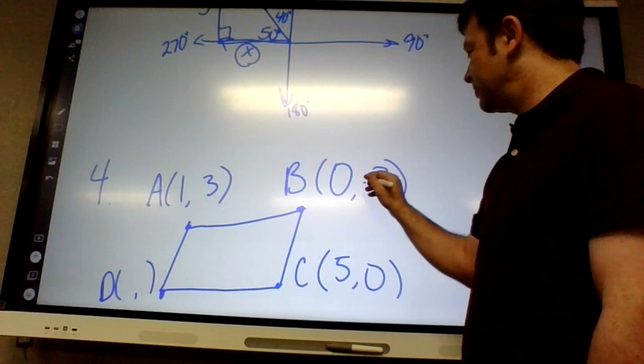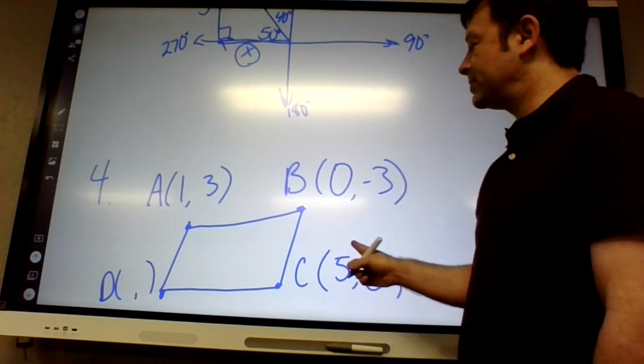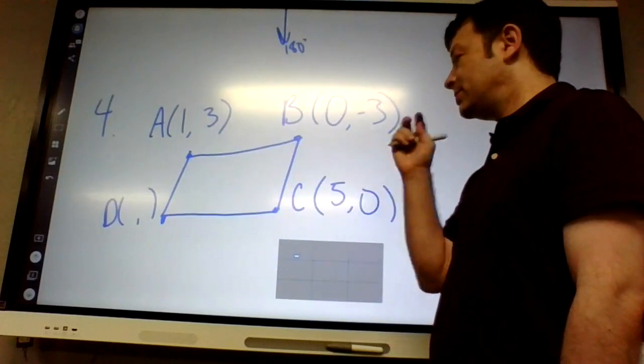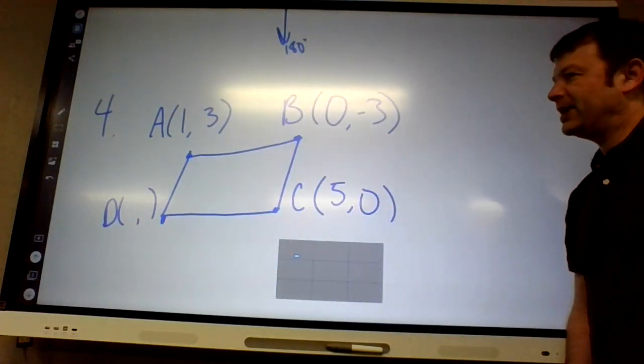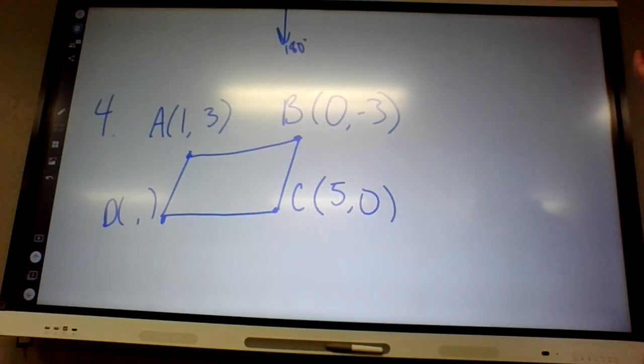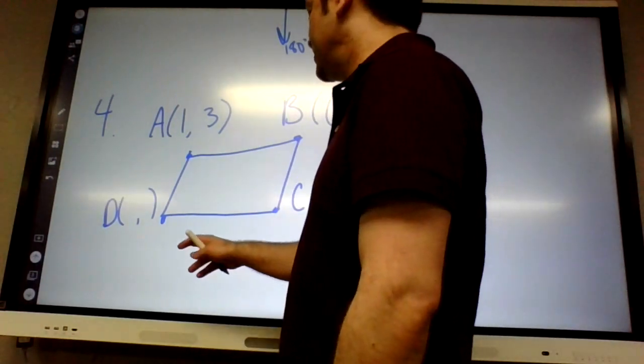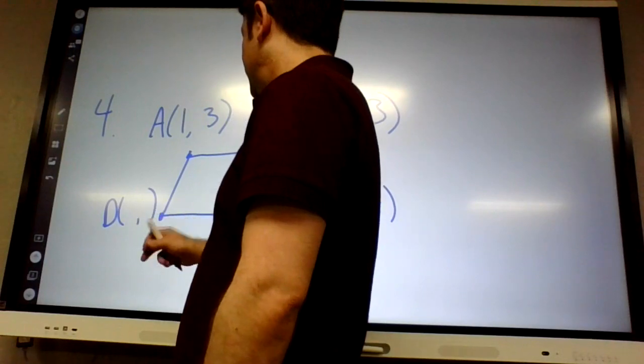Now, the way I wrote it doesn't really match these coordinates at all, but you could do a picture, but there was kind of a trick that helped us find these. You guys remember what it was?